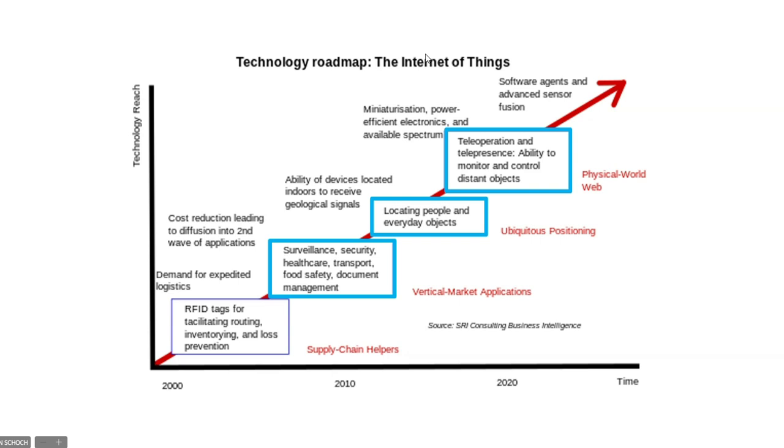And basically, right now we are somewhere in the middle. We can actually use these IoT devices to observe, to surveil, or to monitor, and to ensure that certain conditions are met and have access to these conditions.